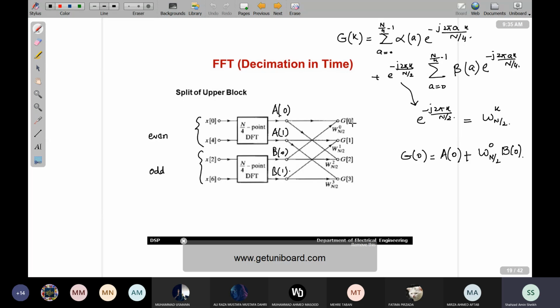Why Wn over 2? Because look at this equation, this is similar to the equation we have already written in the form of x of k's. And what was that?